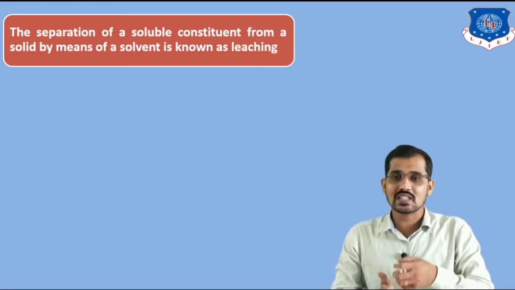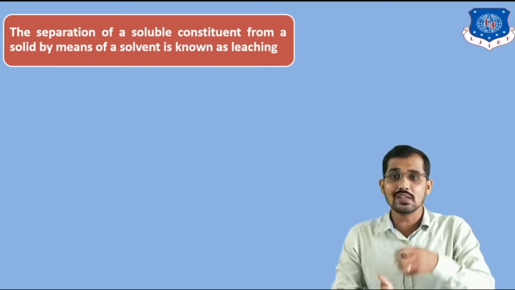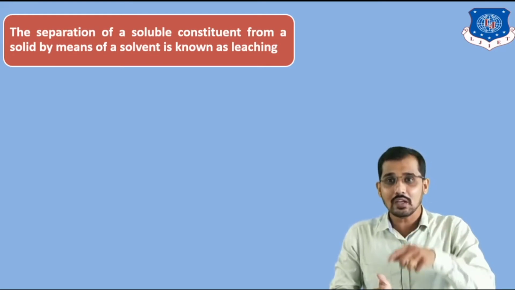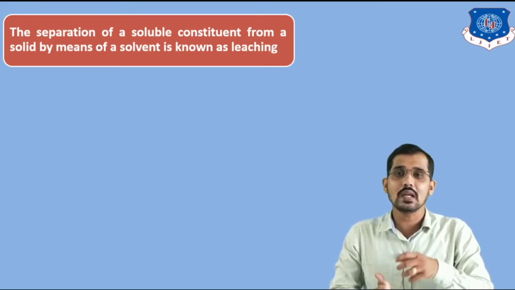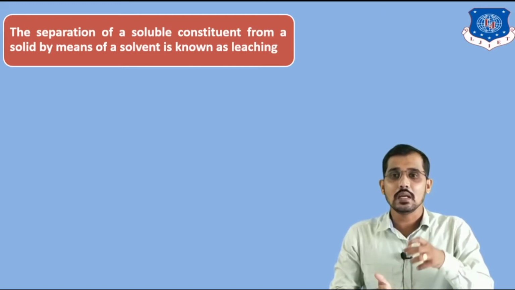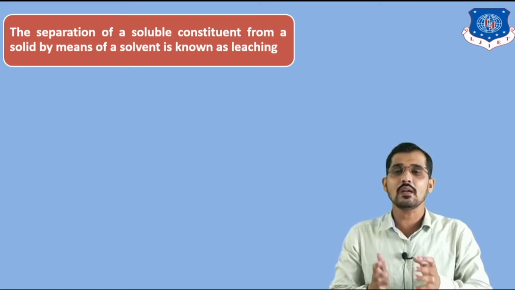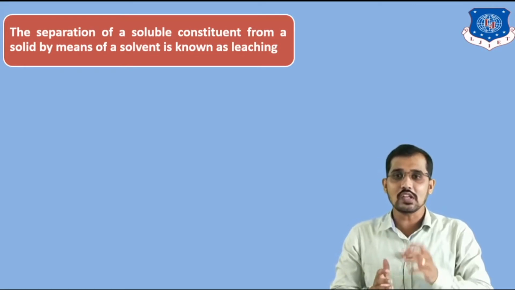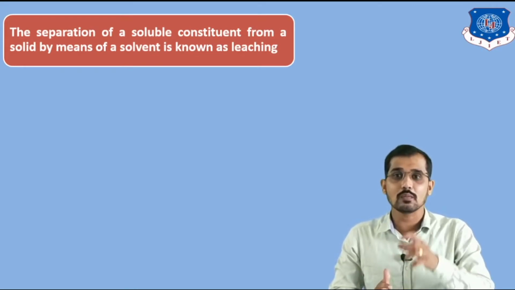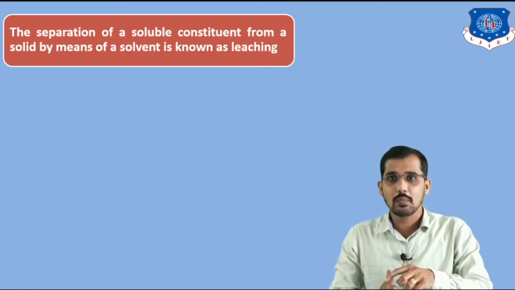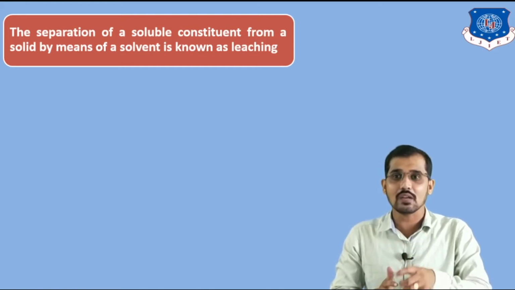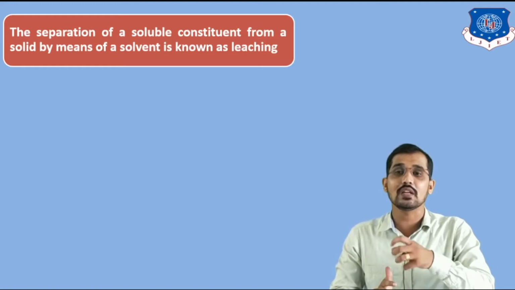But if you want to extract some liquid part from a liquid solution by using another liquid, then that process is known as LLE, or liquid extraction. So this is the difference between leaching and liquid extraction. In leaching, we are removing one part from the solid by using a liquid, but in LLE, we are extracting one of the liquid parts from the liquid solution.